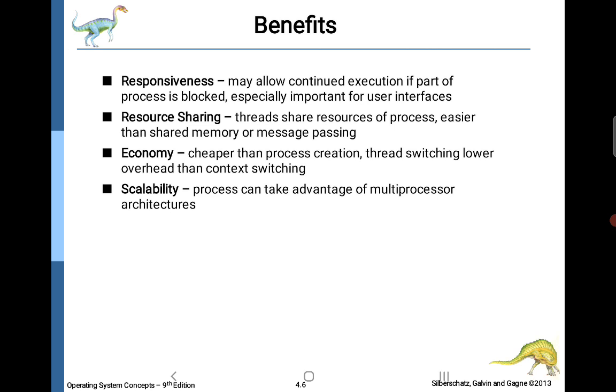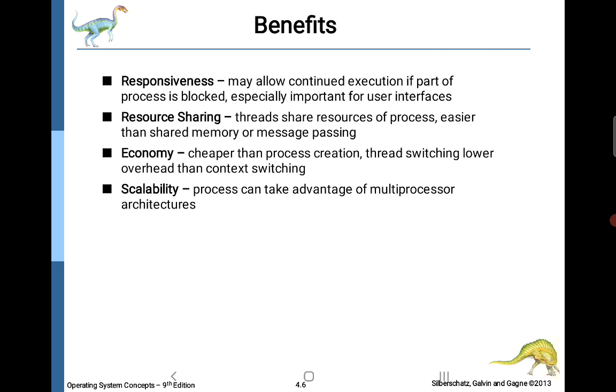Threads share resources. They share the same code section. They can share files assigned to the process they are part of. They can share input output devices that are allocated to the process they are a part of, instead of having this duplicated among several processes.